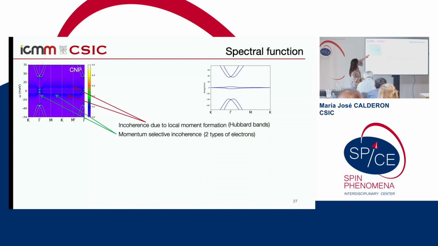We have also a momentum selective incoherence. Gamma is dominated by the less correlated orbitals, so they are much sharper, so they are better defined. These are the itinerant orbitals. And so we can see from this momentum selective incoherence that we have two types of electrons, these two types of electrons that we were talking about before.